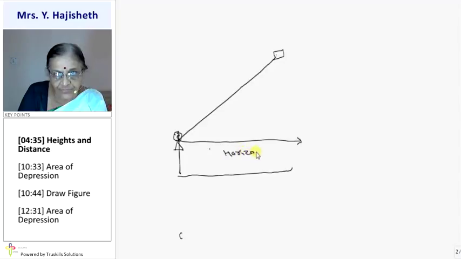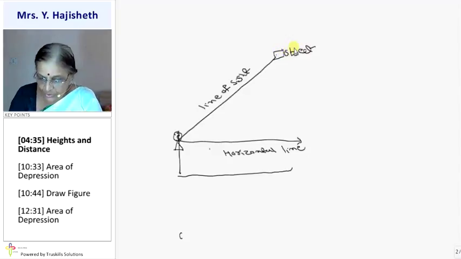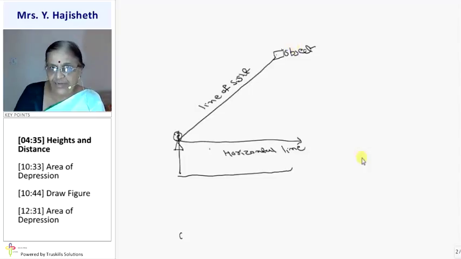What is it called? Horizontal line. And this line, we call it a line of sight. This is my object. Okay? So first of all, I define what is a line of sight.